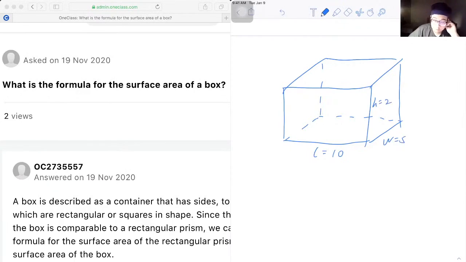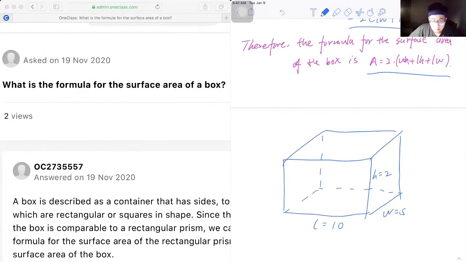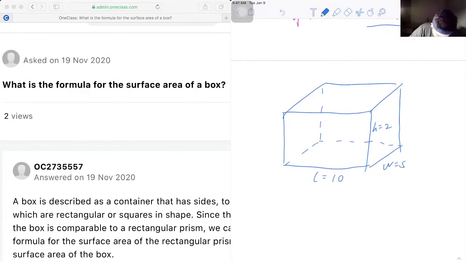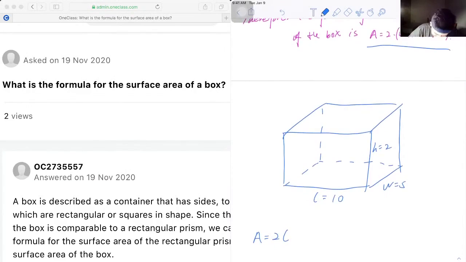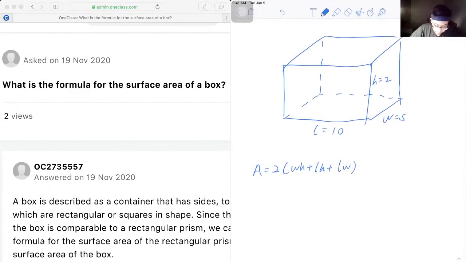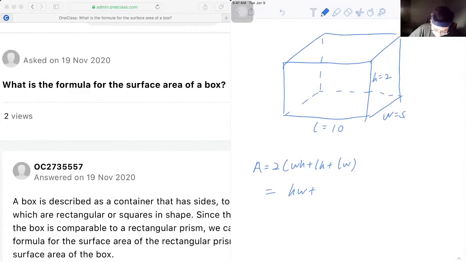If we want to know the surface area of this box, we simply apply our formula, which is A is equal to 2 times (WH plus LH plus LW). You can also write it as HW, HL plus WL. The order doesn't matter.